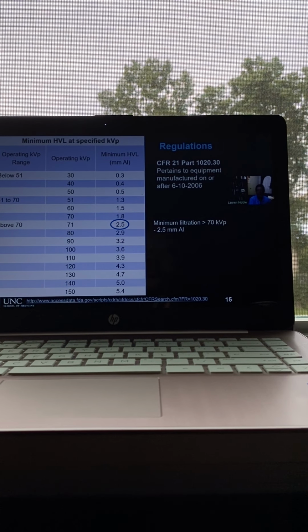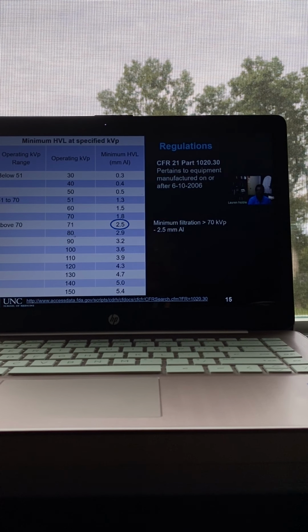So what that means is if you operate the tube at 71 kVp, it takes 2.5 millimeters worth of aluminum to reduce that beam to 1/2 of its original value. Okay, that's the minimum amount of filtration that tube should have.